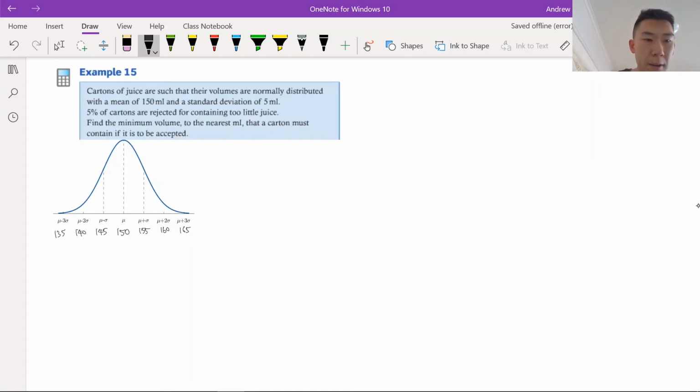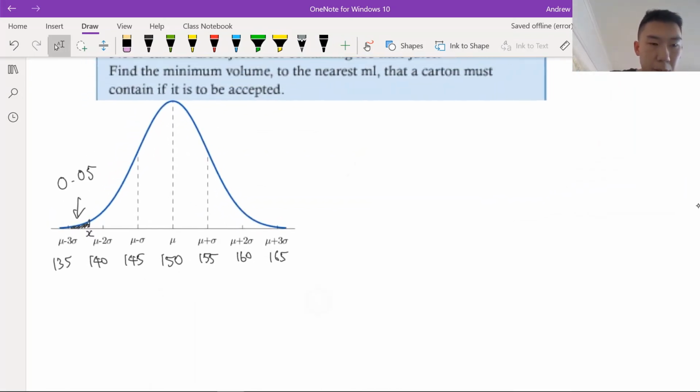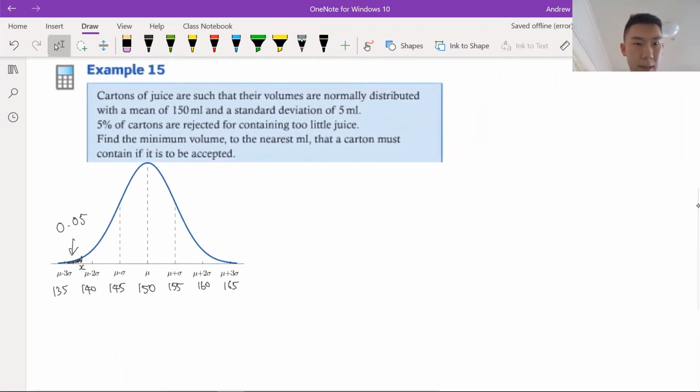Okay, so that means the bottom 5%, so if this little area here is 5%, and this value was x, that would have to be the minimum volume for this carton to be accepted, because anything to the left of that, anything smaller than that, is too small.